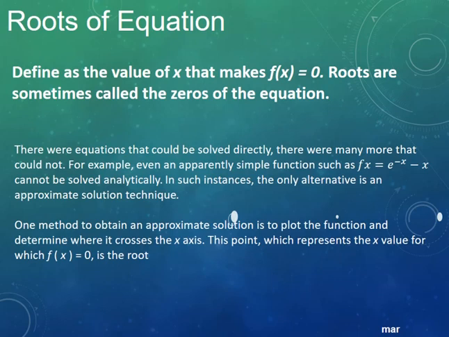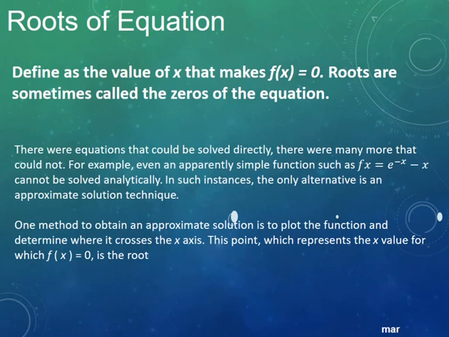So although graphical methods are useful for obtaining rough estimates of roots, they are limited because of their lack of precision. So an alternative approach is to use trial and error. So what you will do there is guess a value of x. Then of course evaluate whether the f of x function is equal to 0.